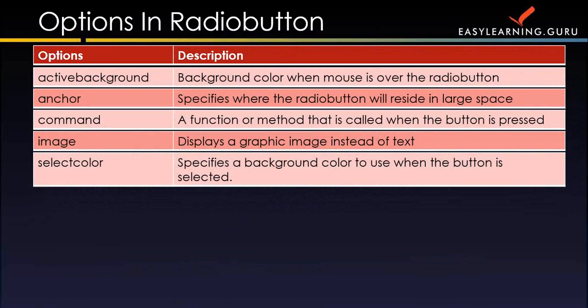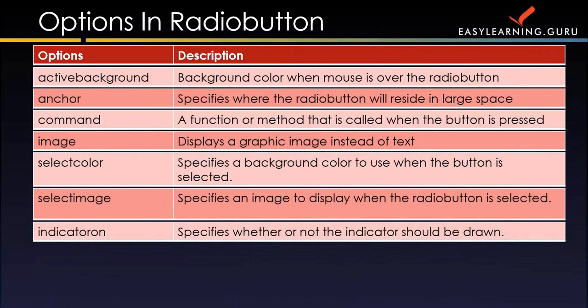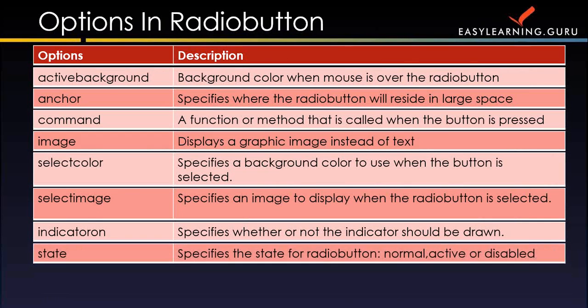Then I have your select color. This specifies a background color to use when the button is selected. Then you have select image. This specifies an image to display when the radio button is selected. Then you have your indicator, which specifies whether or not the indicator should be drawn on your screen. Then we have state, which specifies the state of your radio button, that is normal, active, or disabled.